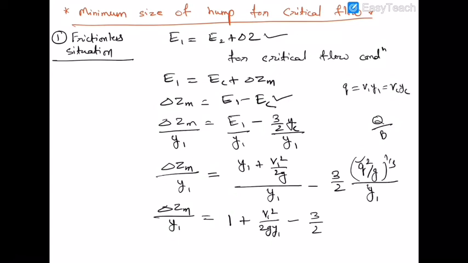So substitute the value of small q, which is equal to v1 y1, giving v1 square y1 square divided by g. If we take this y1 inside a cube root, then here we need to put the power of y1 as 3, whole to the power 1 by 3.